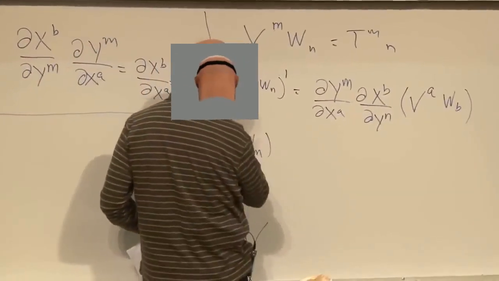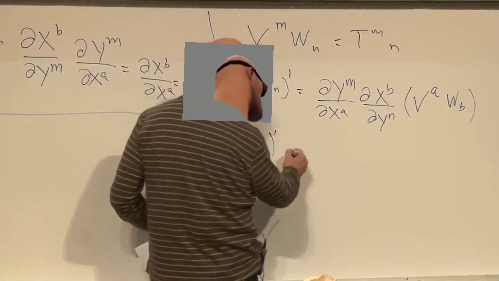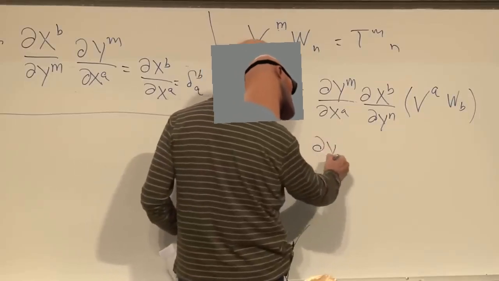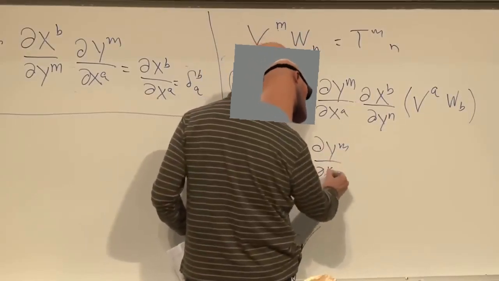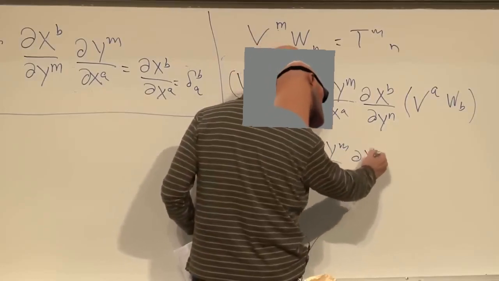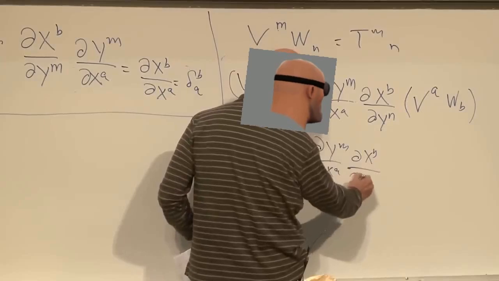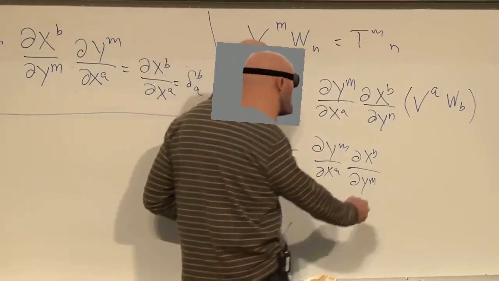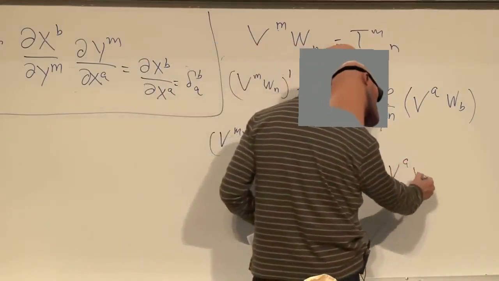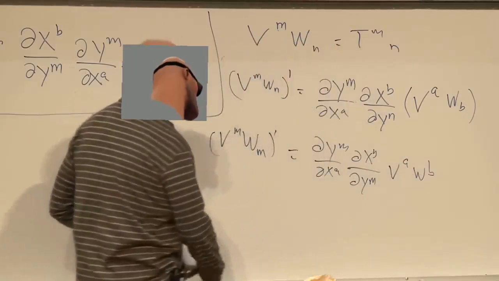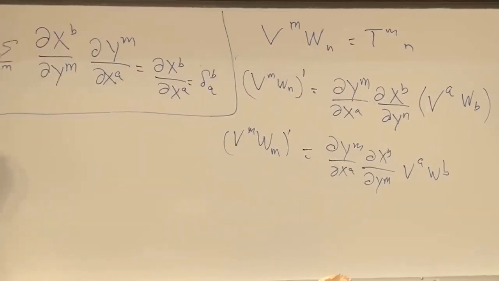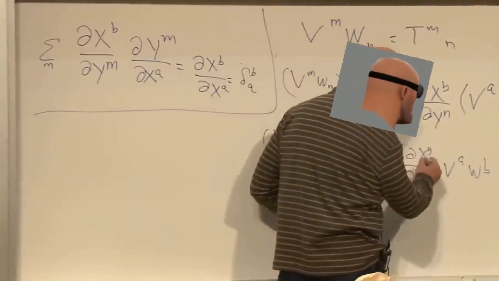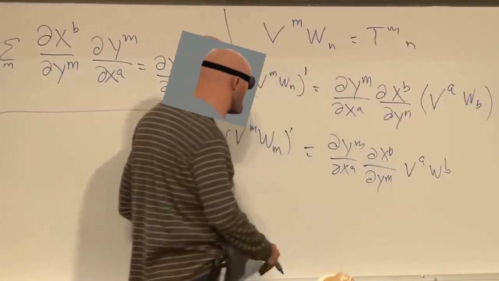All right, let's see what it is. Now all we have to do is identify M and N: dy M by dx A, dx B by dy M, V A W B. And now here's where our little lemma comes in handy. dx B by dy M, that's the thing over here. I've written them down in opposite order.